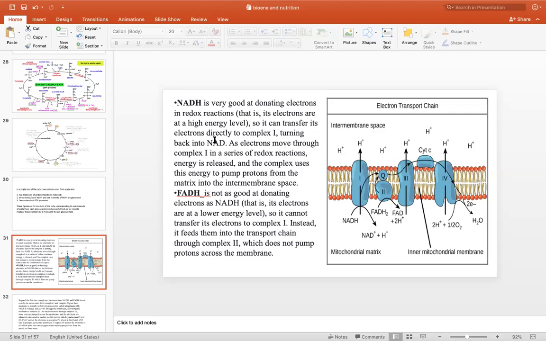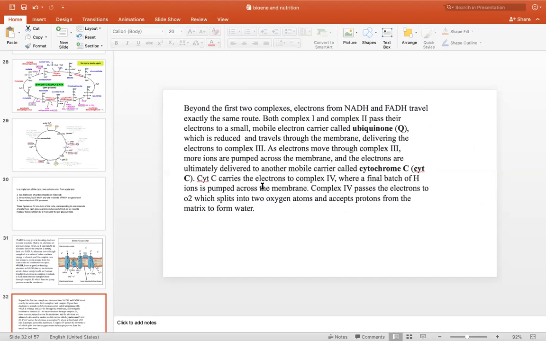FADH is not as good at donating electrons, so it cannot transfer electrons to complex 1, but instead it transfers them to complex 2, okay, and so on and so forth. Beyond the first 2 complexes, NADH and FADH both travel the exact same route. Both complex 1 and complex 2 pass the electron to a small mobile electron carrier called ubiquinone. From ubiquinone, it goes to complex 3.